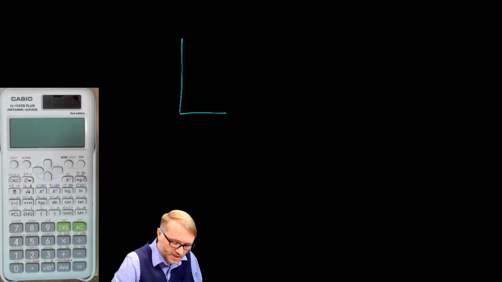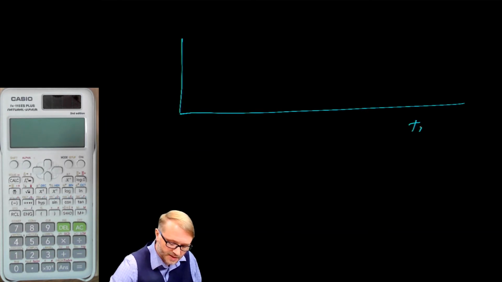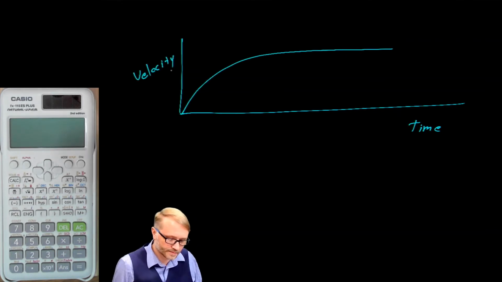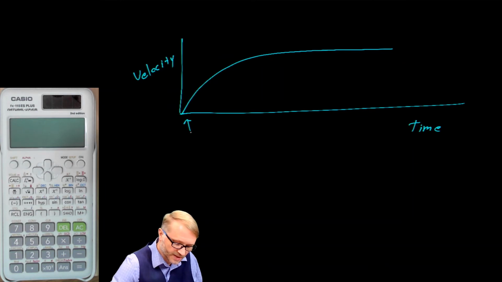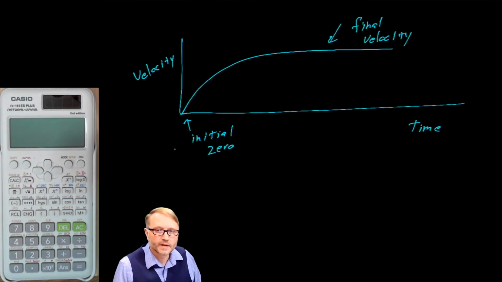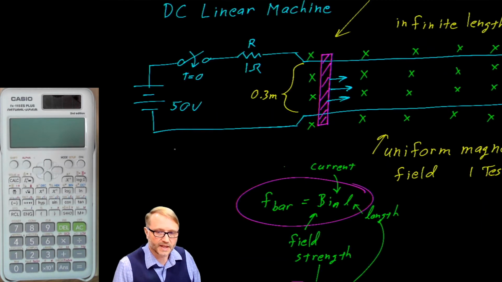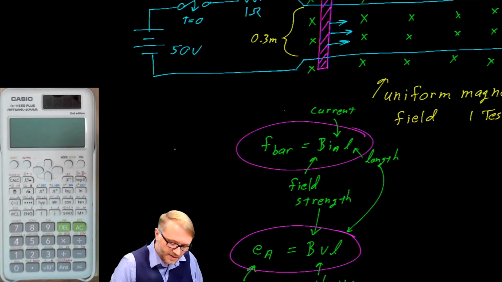As a function of time, it looks something like this. So this is velocity. So we start out with an initial velocity of 0, and we have some final velocity. Let's go back and see if we can figure out what that final velocity is. And it goes something like this.